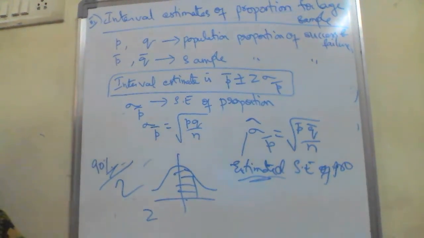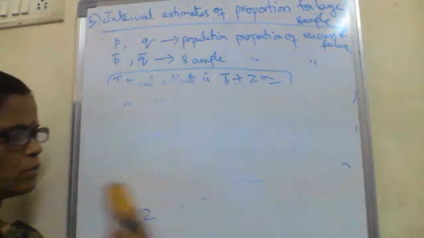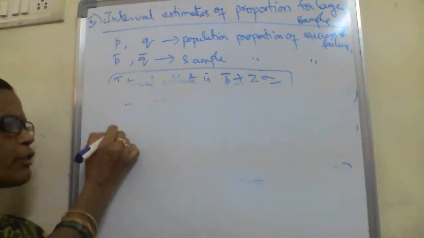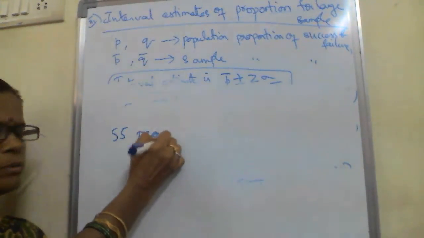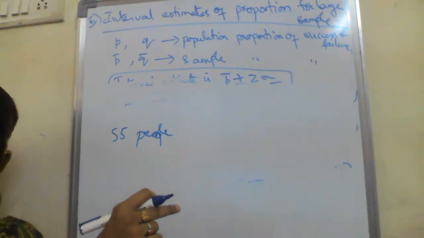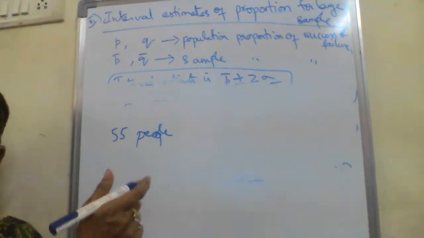So for example, we'll take a simple problem here. A general cinema sampled 55 people who viewed the picture, and asked them whether they planned to see it again.